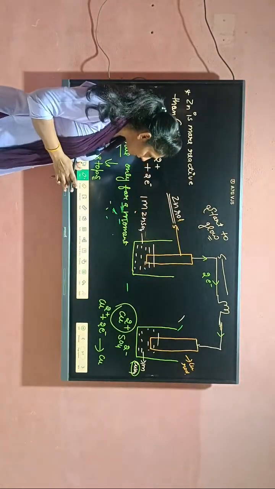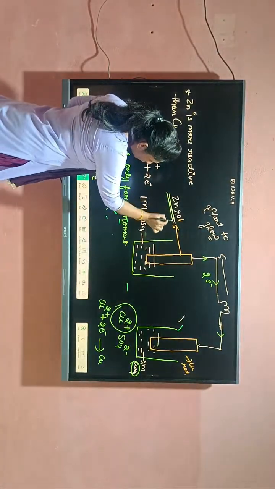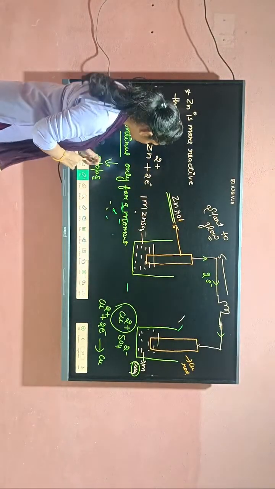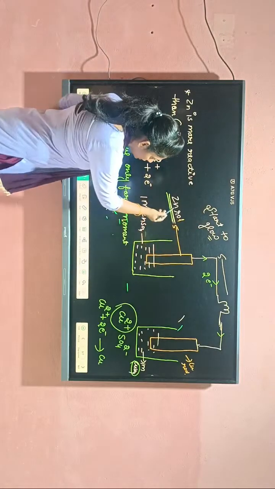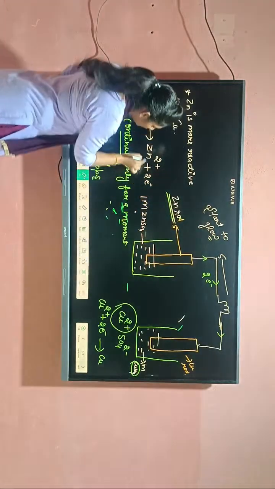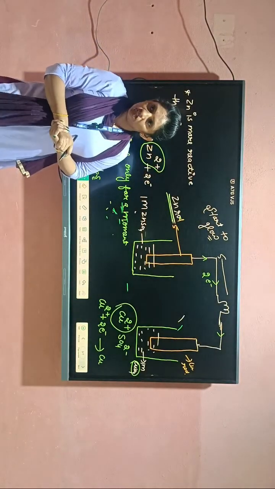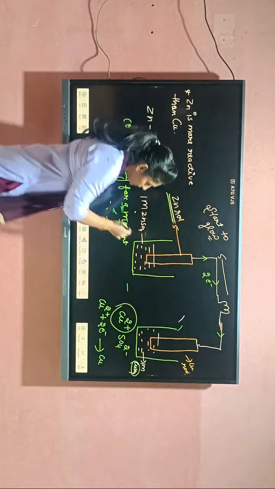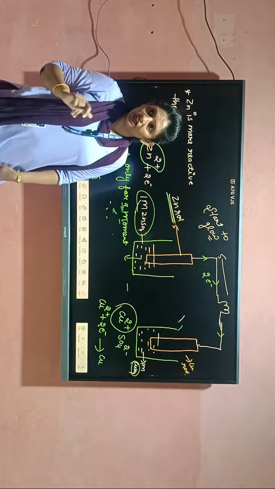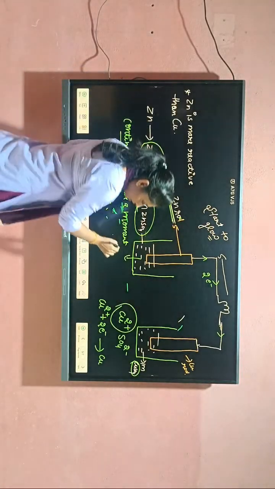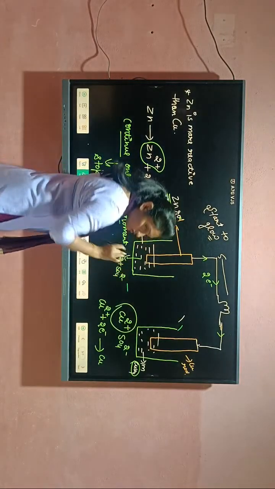Students, what will happen? Here you can see continuously this zinc rod will lose its electron, and zinc metal converts into the zinc ions. Then what will happen? Here ZnSO4 is already present, means Zn2+ and SO4 2- ions are present already.